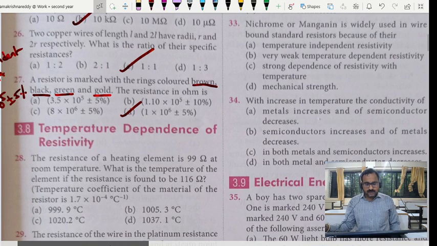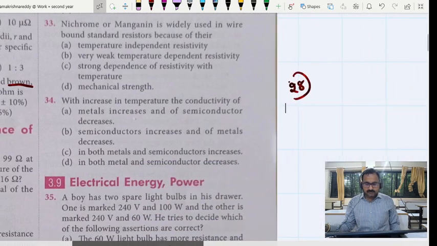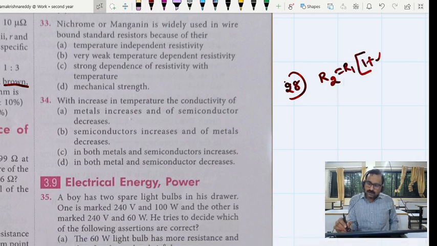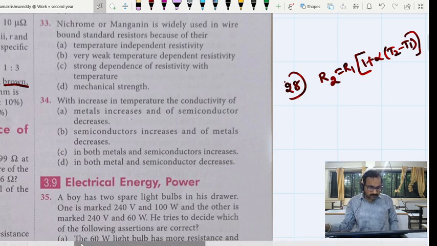So initially room temperature and some other temperature is required, they are asking. So R_T is equal to some R0, or R2 is equal to, like that also we can write. So R2 is equal to R1 into 1 plus alpha into delta T, that is T2 minus T1. The R2 value they gave you. How much did they give as the R2 value? See that one?